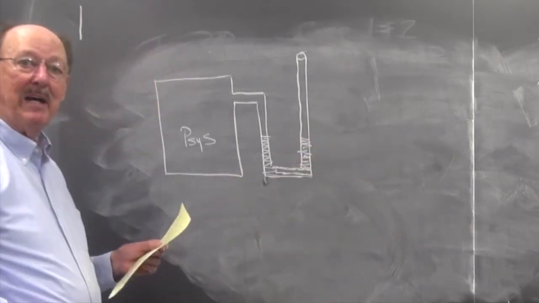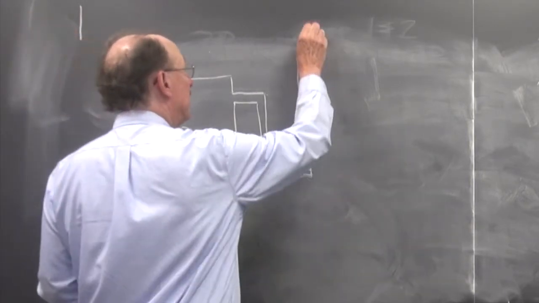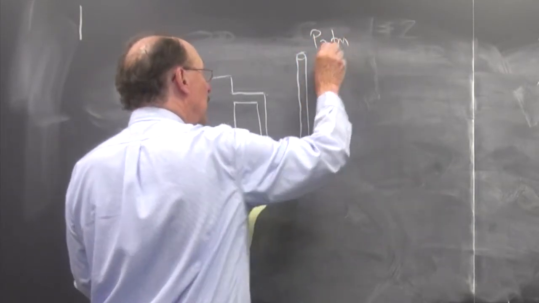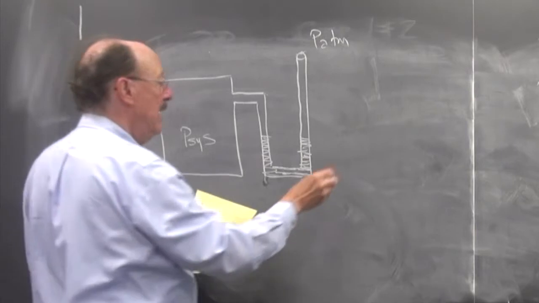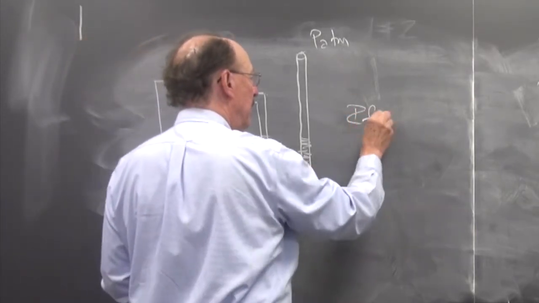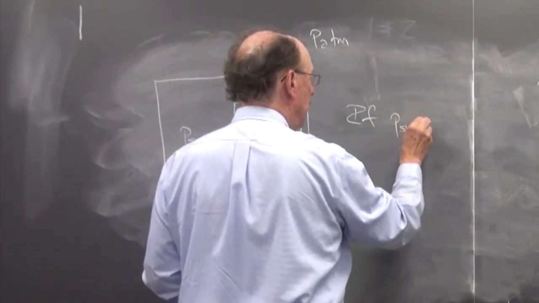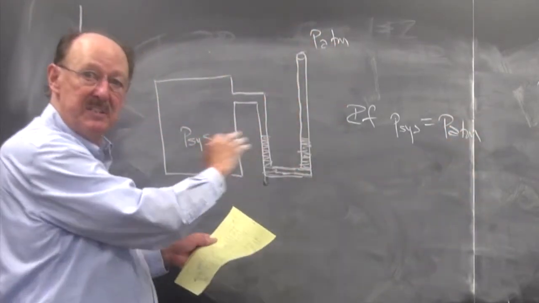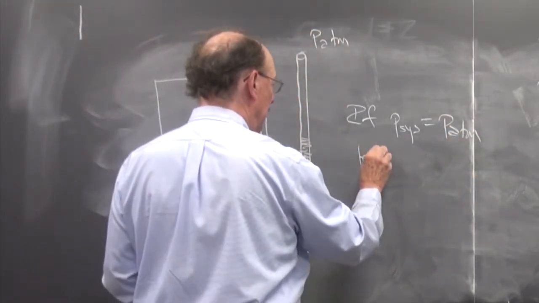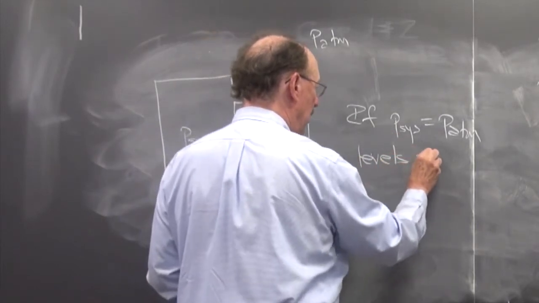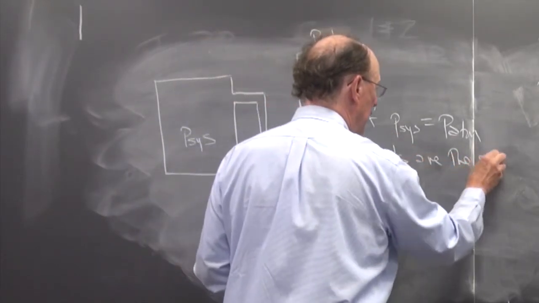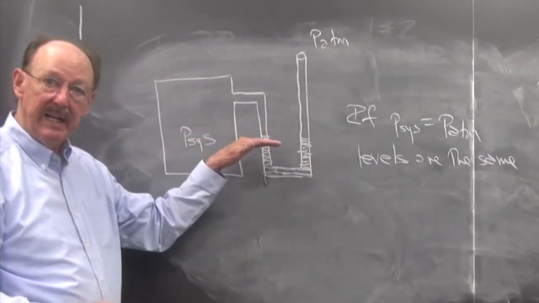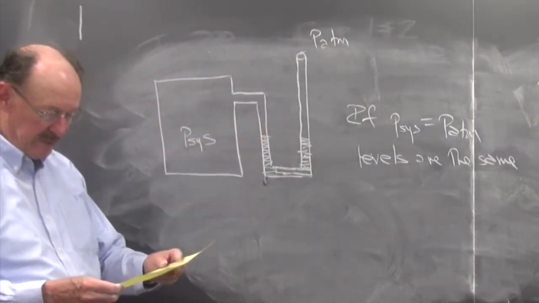And so if I look at this, and here I'm going to have P atmosphere. So P atmosphere is acting here, and if P sys equals P atmosphere, the levels are the same. So the levels are the same across.